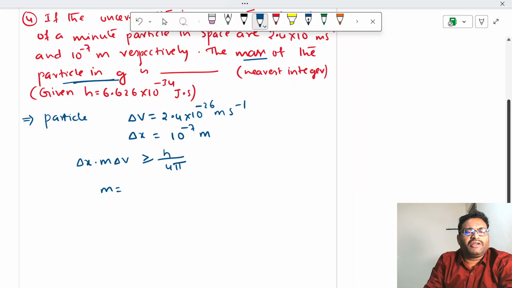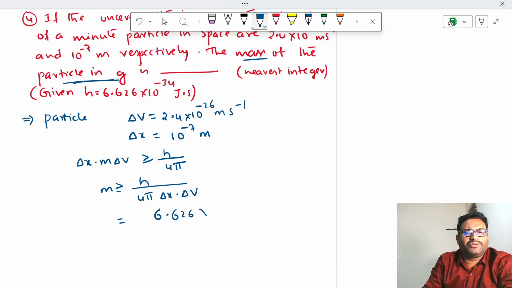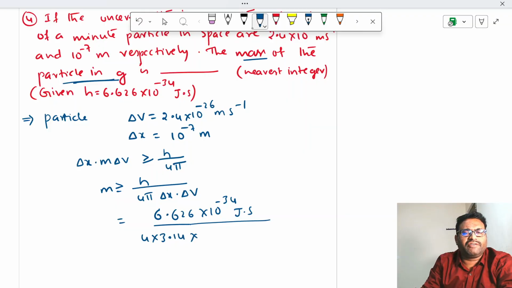Then m is greater than or equal to h by 4 pi into delta x into delta v. h is given as 6.626 into 10 power minus 34 joule second by 4 into 3.14 into delta x, given as 10 power minus 7. Delta v is given as 2.4 into 10 power minus 26 meter per second.